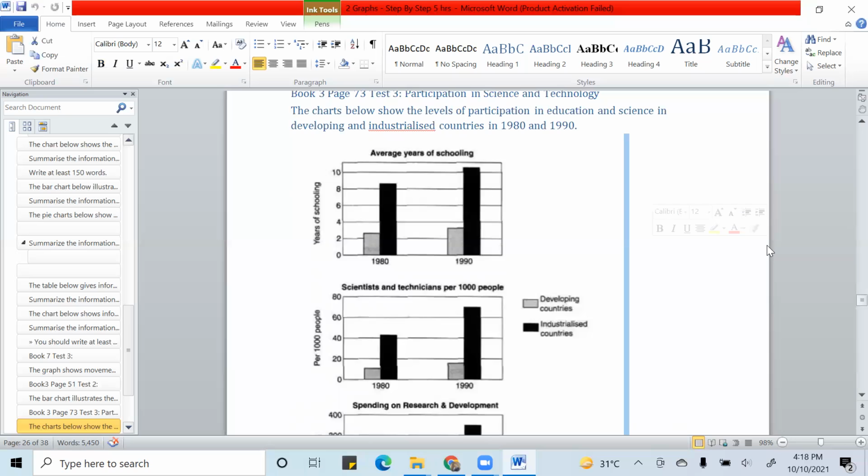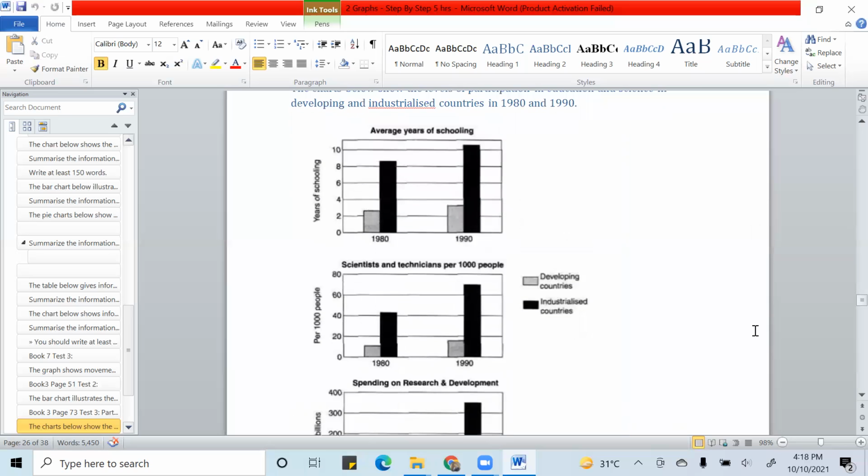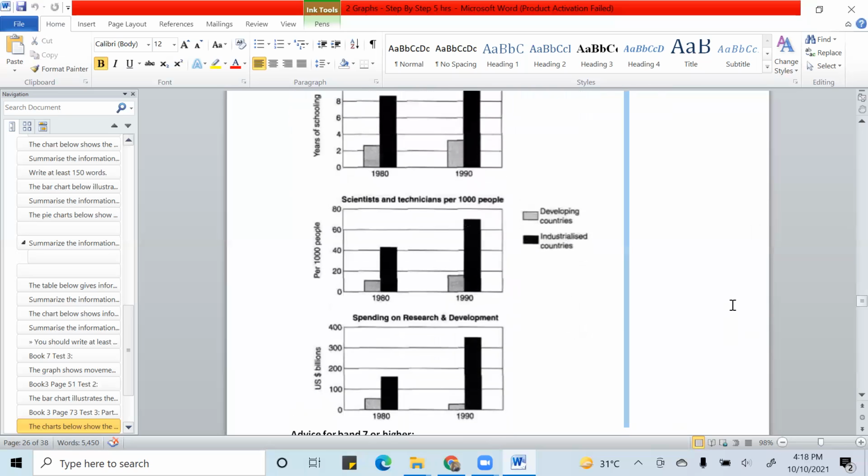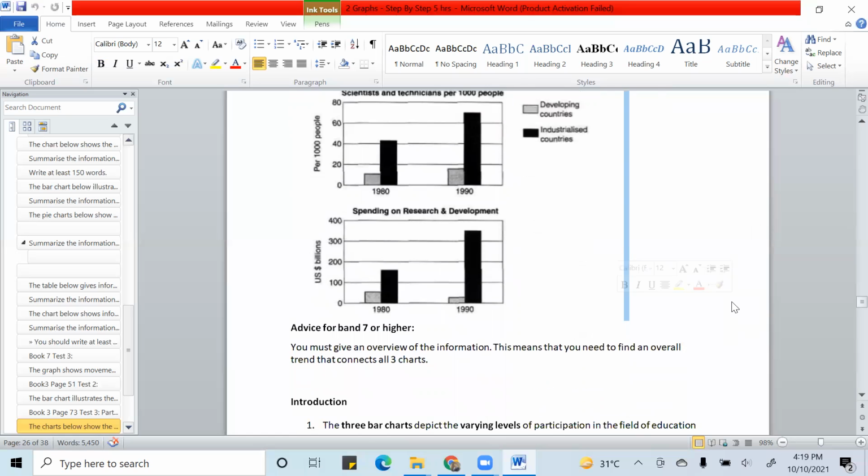The first graph shows, then the second one, and then the last graph. For each of them, just write like 20 to 30 words. That would be enough. Or maybe 40 words, because 40 into 3 will make it 120, and introduction and overall picture will make it 150.